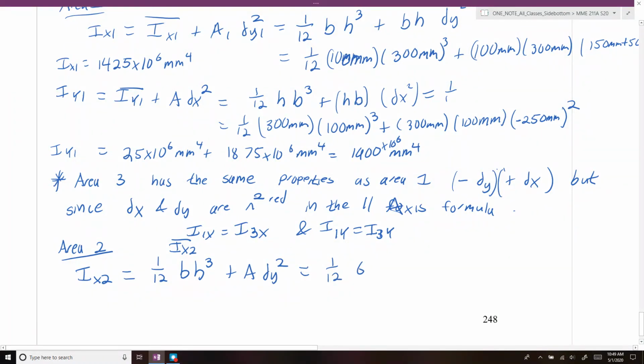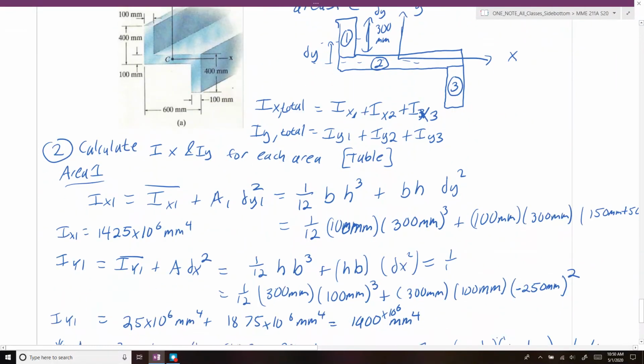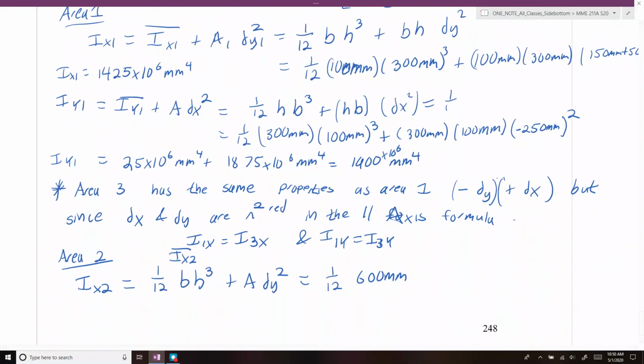If we plug in our values here, we get 1/12 times the base of our rectangle, which is equal to 600 millimeters. I'm just getting that from the dimensions given to us in the problem statement, times the height, which is equal to 100 millimeters cubed. Then our area would be equal to 600 millimeters times 100 millimeters.